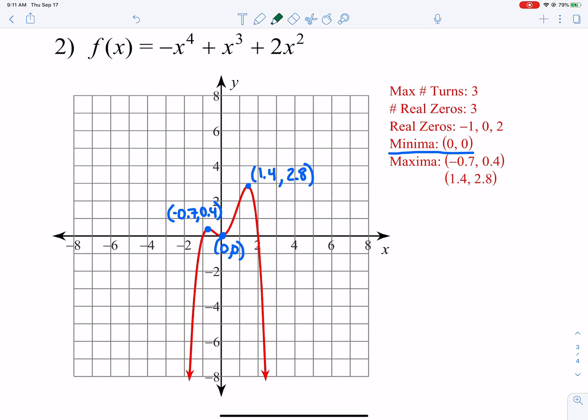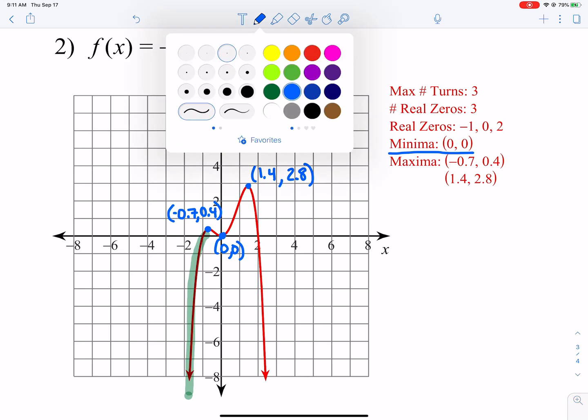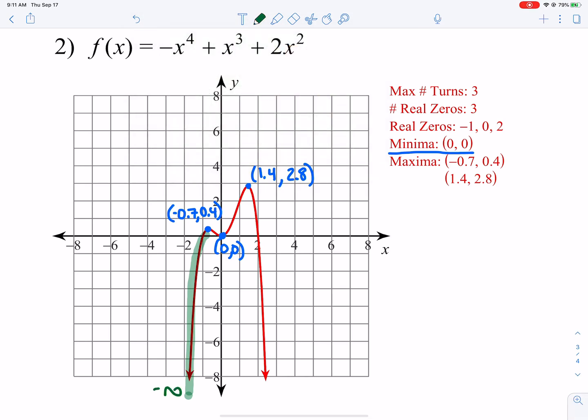All right, so from the left to the right, our first interval of this graph is increasing. So this graph increases from negative infinity, because that's what that arrow at the bottom is indicating, that it's going to go to the left forever. And then it increases up to x equals negative 0.7. You're always picking out that x value.